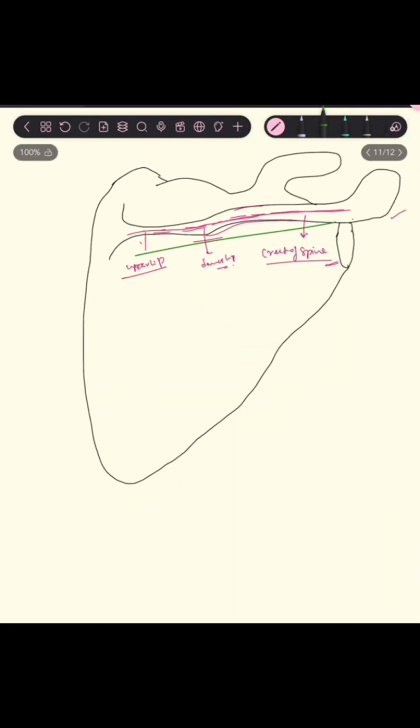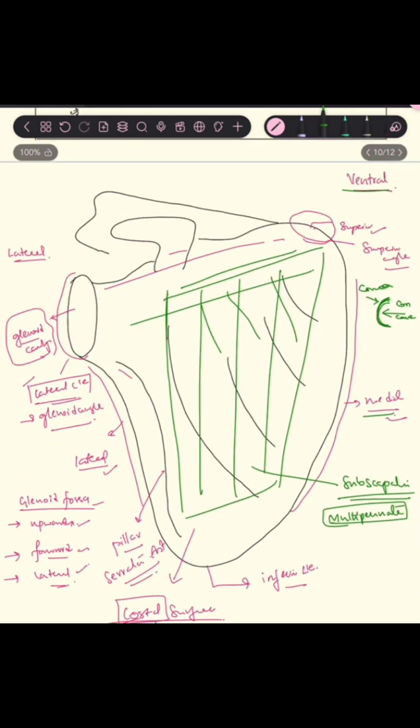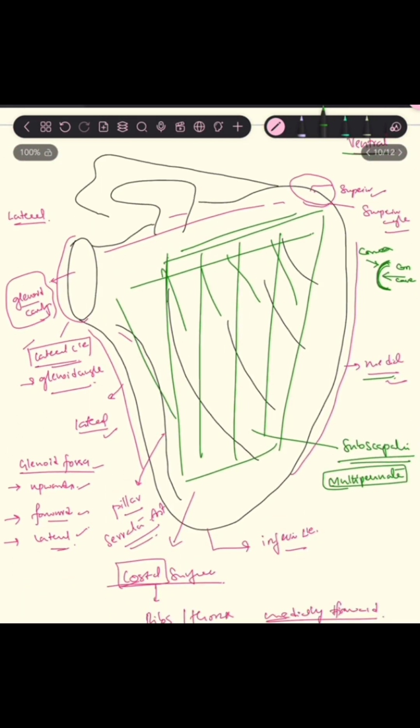Coming to the muscles which are originating from the dorsal surface of the scapula. Remember, I am not discussing the borders. Firstly, we are learning about only the surface. Surface means it does not include the border. Here we have this lateral border. Near the lateral border, we have a pillar-like large strong ridge.